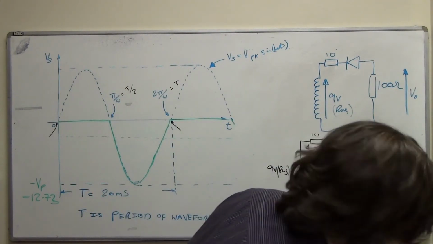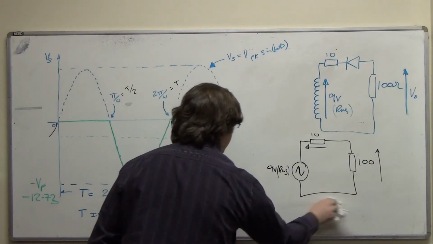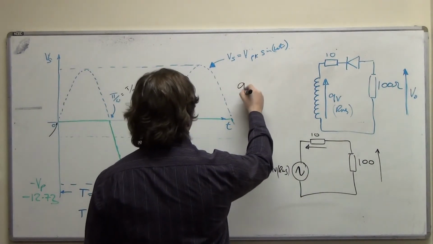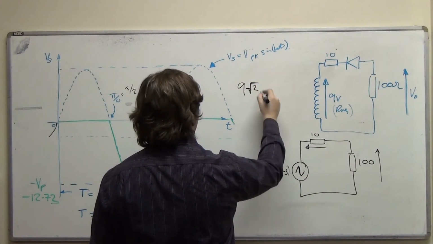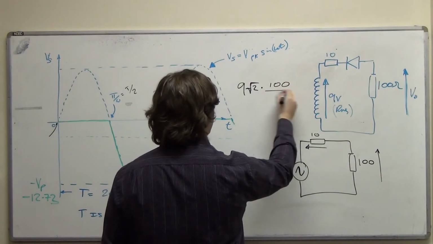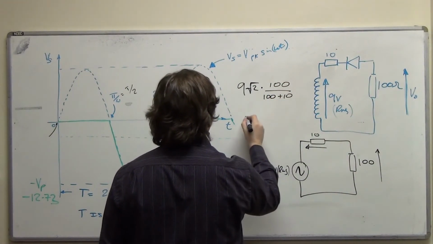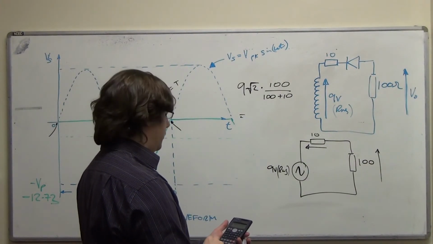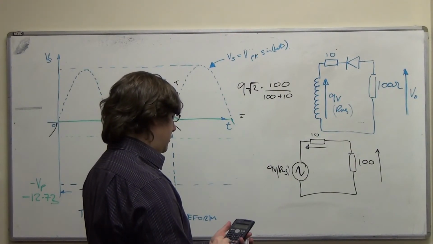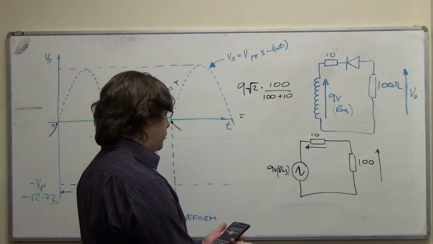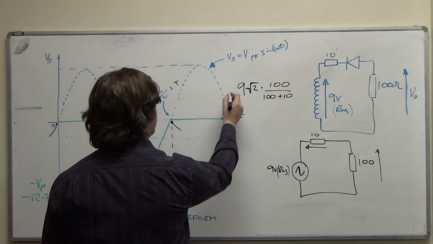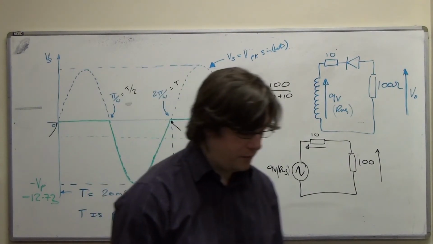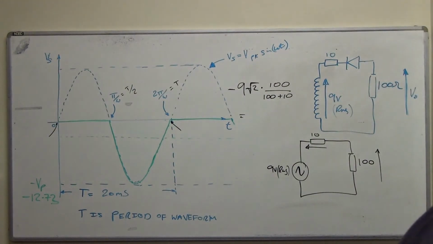If you don't fancy that, and you really do want to do the maths, or what little maths there is, you'd say, well, it's 9 root 2 multiplied by 100 over 100 plus 10, and that would give you 9 times root 2 times 100 divided by 100 plus 10, 11.570. Oh, I missed the minus, didn't I? So minus 11.57, which is what I had down there just now. So that's how that one's dealt with.